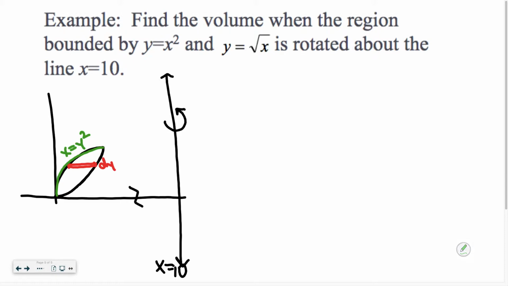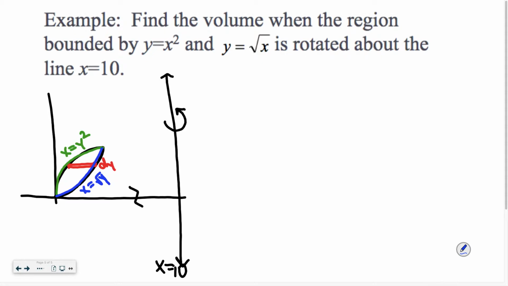Okay. This parabola right here, y equals x squared, this would become x equals, in this case, the positive square root of y since we're in the first quadrant. Negative square root of y is what would be on the other half of the y-axis.